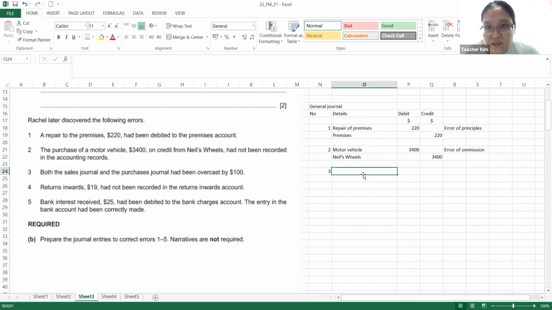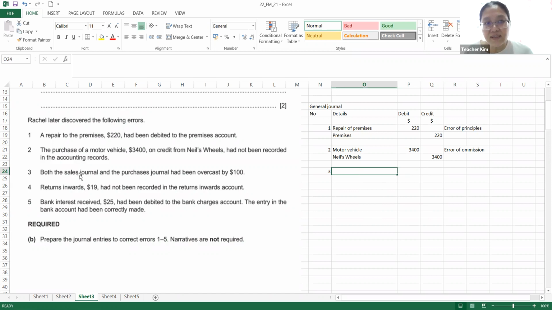Don't write sales journal, don't write purchases journal. This is talking about the account. You can put sales account or purchases account, but not sales journal or purchases journal. Because you want to get 1 mark, that means everything you must get correct. Your detail must be correct, your debit side correct, amount must be correct or whatever. Then only you can get 1 mark.